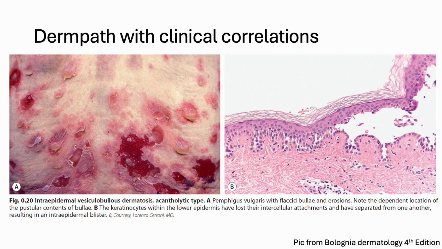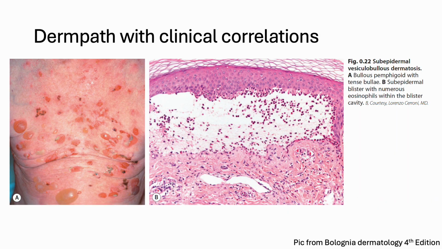In contrast, in this disorder, we can see the bullae are tense, and the reason is because the bullae are subepidermal, leaving the entire epidermis as the wall. That is the beauty of dermatopathology, and we can see the clinical correlation and the pathology very well. Don't worry, we will start to talk about each individual disease.